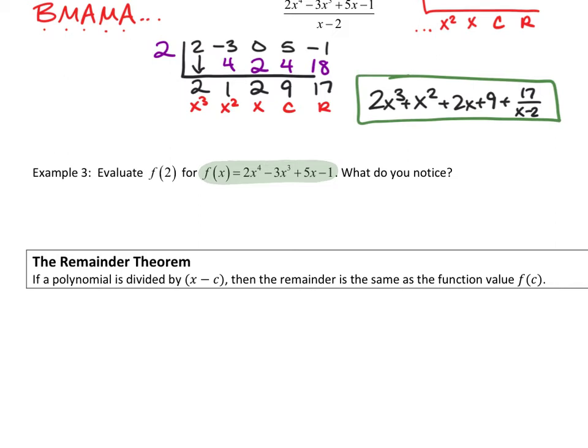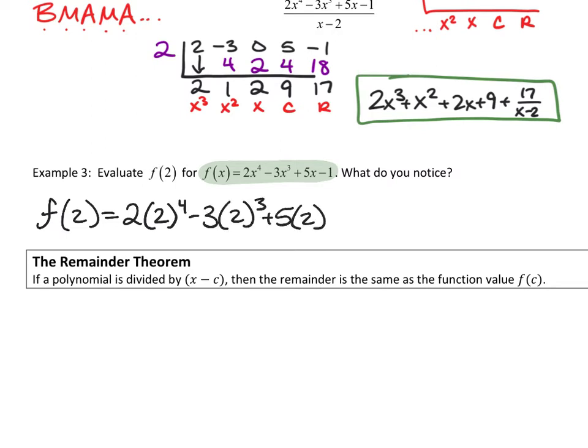So, okay, well, we know how to evaluate functions. f of 2 is just like saying 2 times 2 to the 4th power minus 3 times 2 to the 3rd power plus 5 times 2 minus 1, which is just like saying 2 to the 4th power, that's 16 times 2 is 32. 3 times 2 cubed is 8, times 3 is 24. 5 times 2 is 10, minus 1. So when you do all of that math together, you end up getting 17.